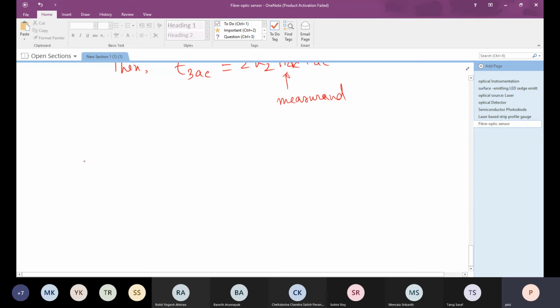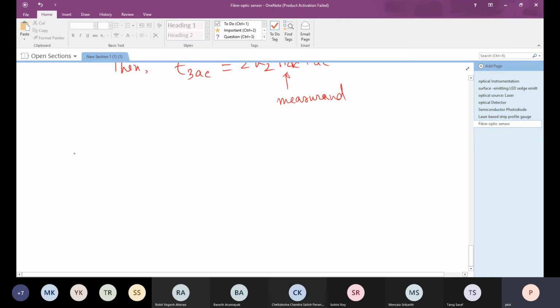Now if there is so much problem, then why are fiber optic magnetic field sensors used? Because this is very sensitive. It can sense as low as the Earth's magnetic field as well, since we are referring the change in path length with respect to the optical path length, a fraction of a micrometer.